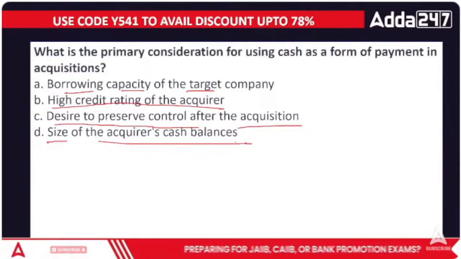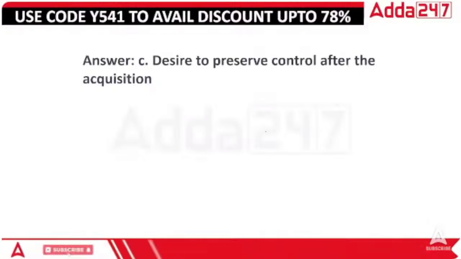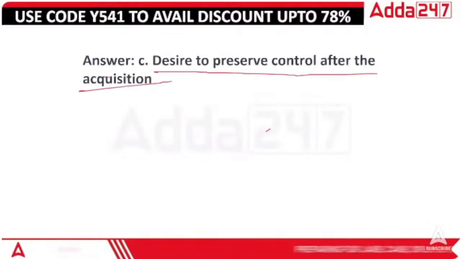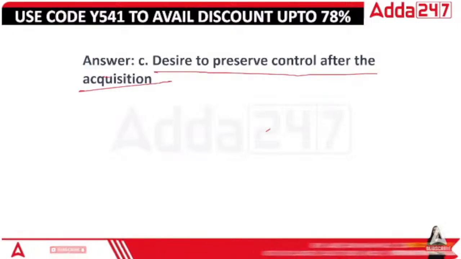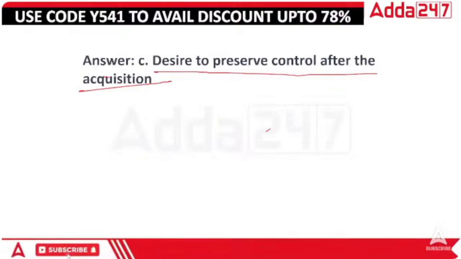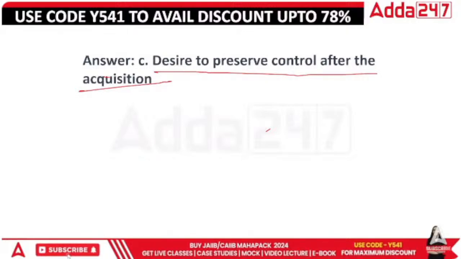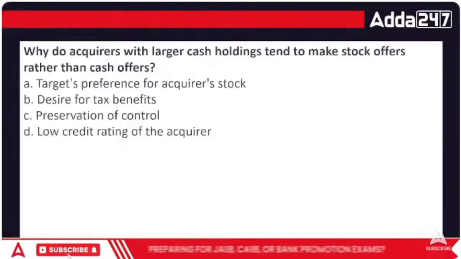Ultimately, when we are making the consideration payment, it is always a desire to preserve control after the acquisition. After you purchase the other organization, you really want to still maintain your control in it, because the day you lose control, the hold that you possess is gone.